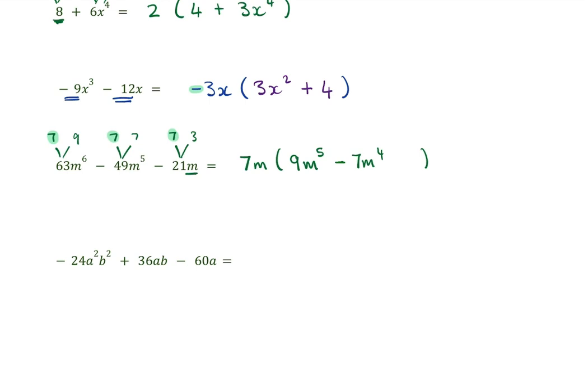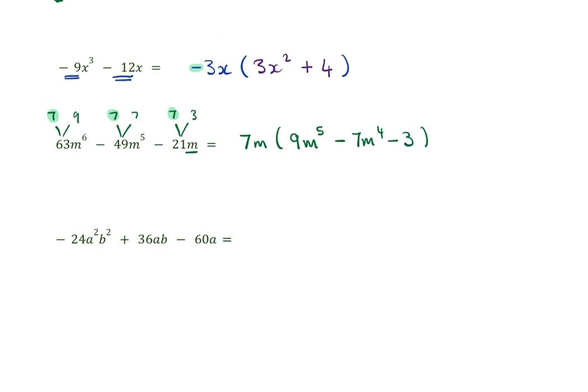And lastly, I would have a minus 3. So if we want to check, we can multiply out and see if we get our same answer. And we will see that we would get exactly what we have on the left hand side. So I have the correct answer there.